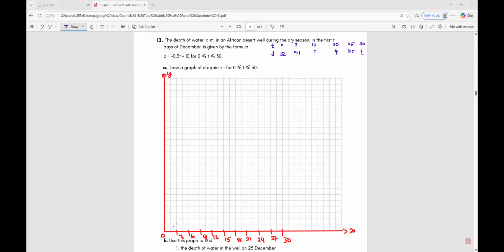Can, no? 2 by 2 is also possible: 2, 4, 6, 8, 10, 12, 14, 16, 18, 20, 22, 24, 26, 28, 30. Yes, we can go with 2 by 2. Don't draw too small graphs. Use the given grid maximum.